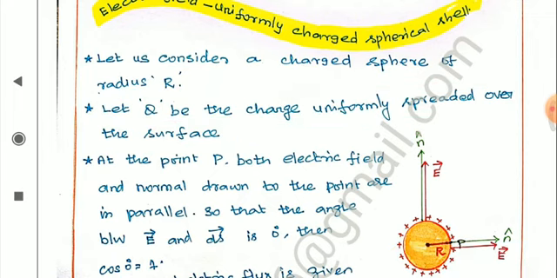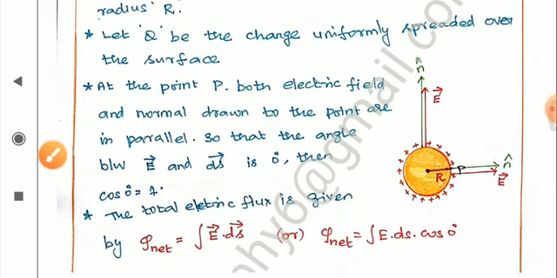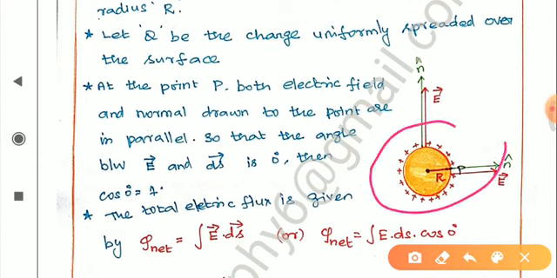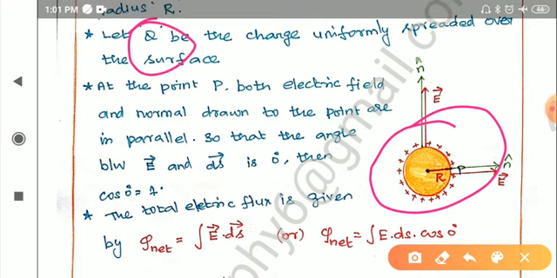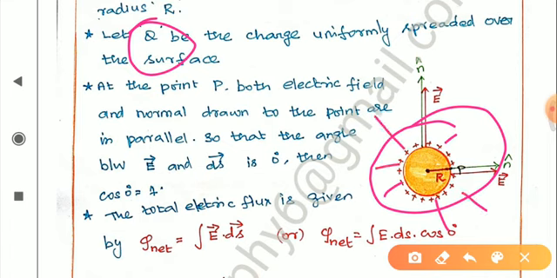We are taking the sphere of radius capital R. Now Q is the charge which is uniformly spread. You can see this image. You can notice that the plus signs are uniformly spread on the surface.